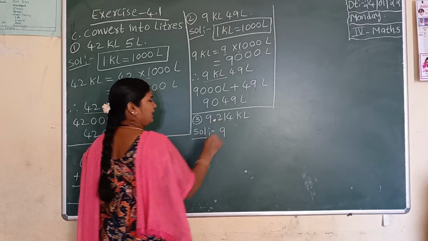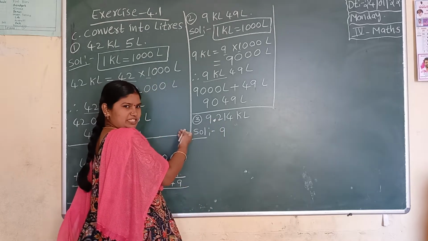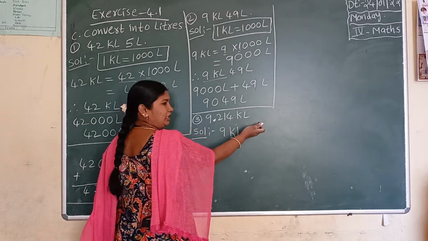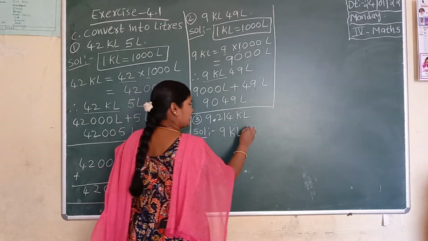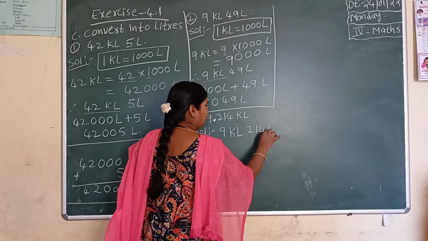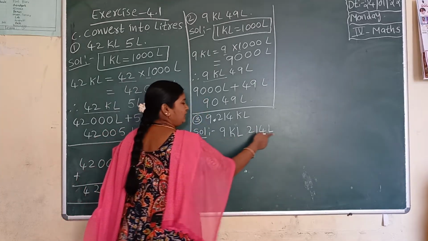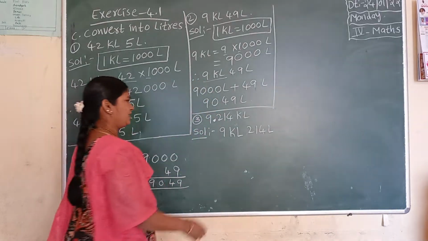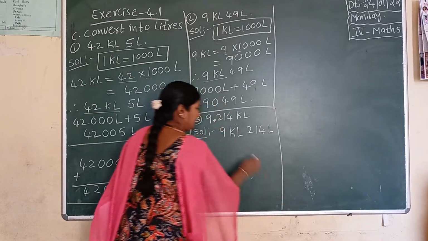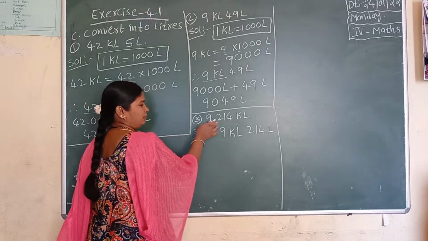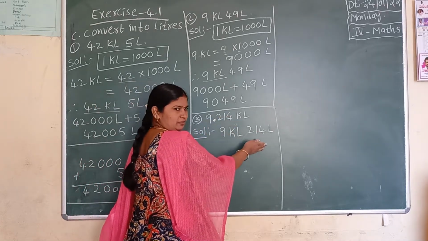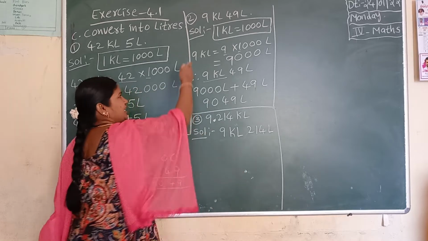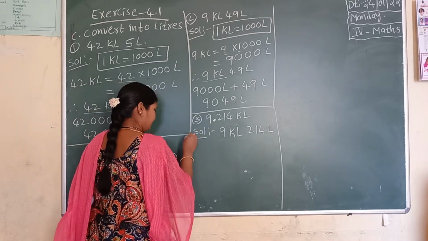Just yesterday I told you, the part before the point is how to take as kiloliters and the part after the point is how to take as liters. 240 liters. Now this question you have to convert like this and do the answer. Okay? It is not the answer. This point I converted like this for your understanding, question-wise. You have to write down the same like this, only this answer.